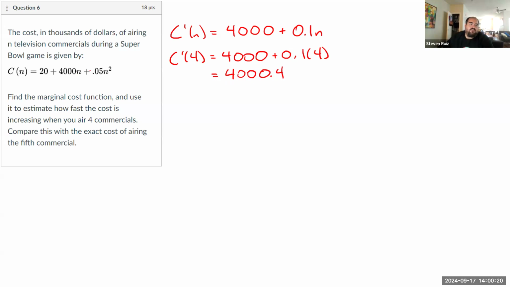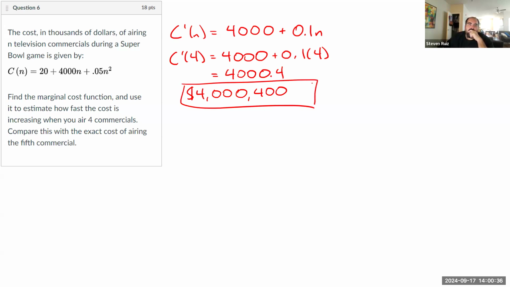No, this function gives me my answers in thousands of dollars. So this is actually what? 4,400,000. So that's what the marginal cost is. So it's an estimate that the fifth commercial will cost me $4,400,000. So I want to compare that with the exact cost of that commercial.